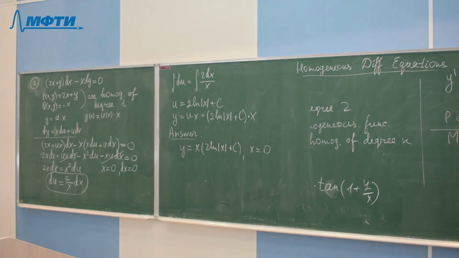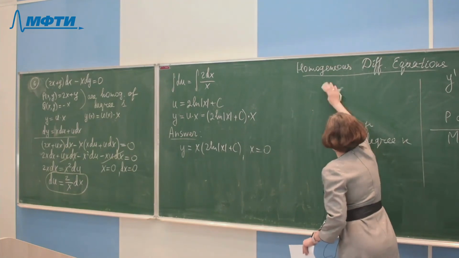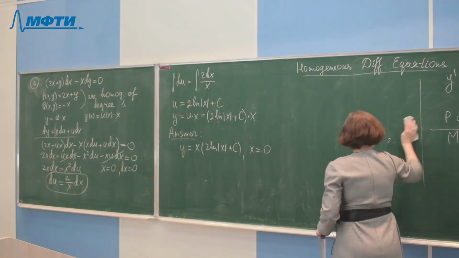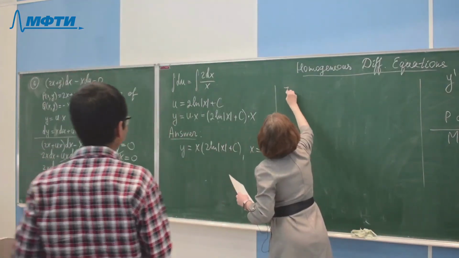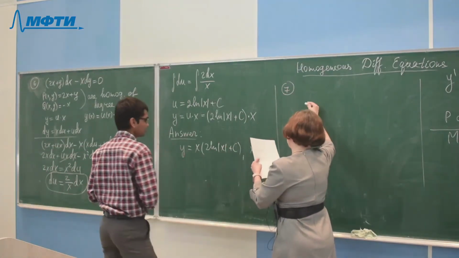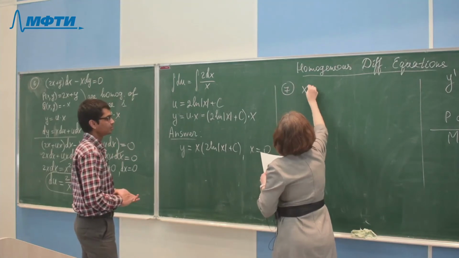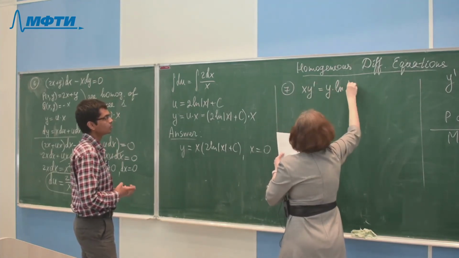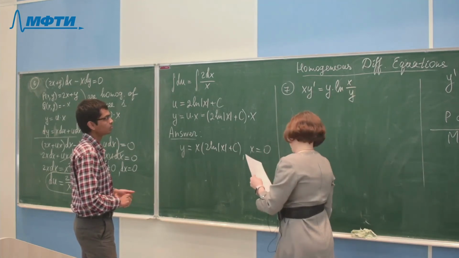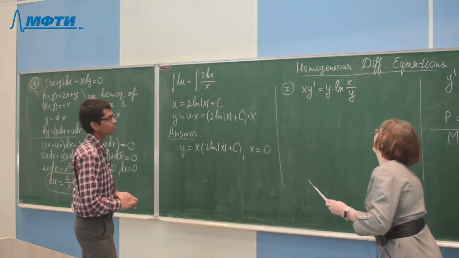Okay, Kathy, do you want to solve the next one? It will be task number 7, so let's solve this one: x y prime equals y times ln of x over y.